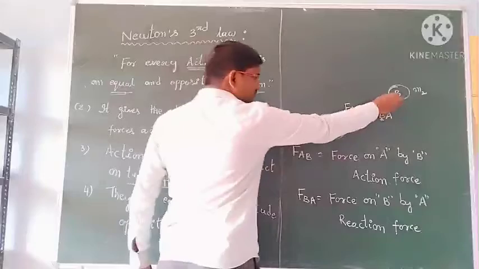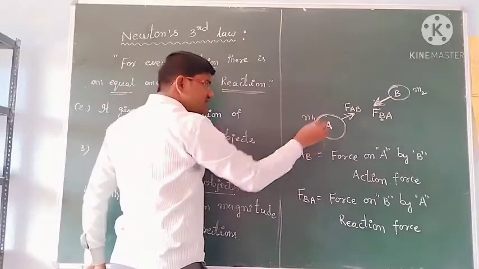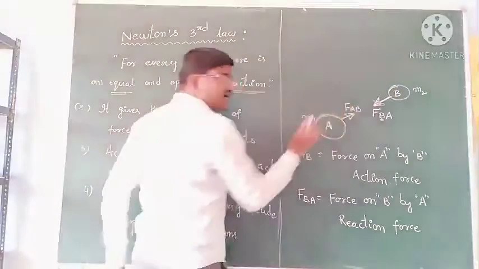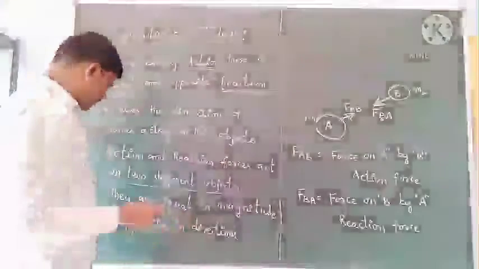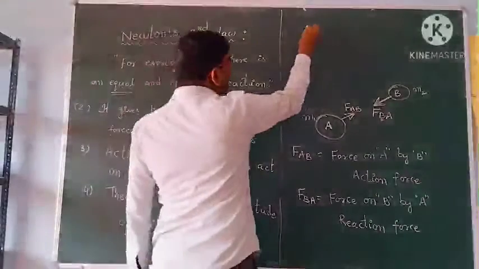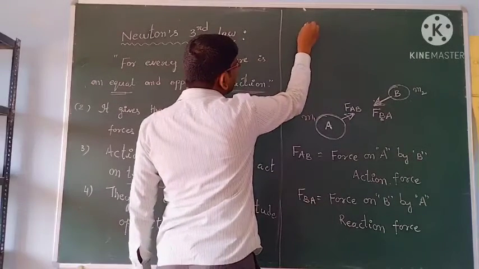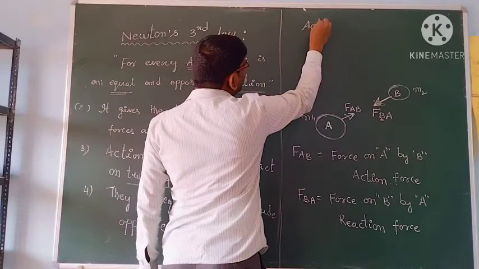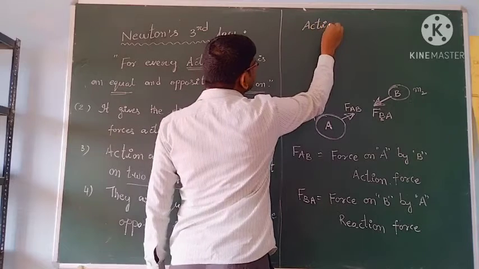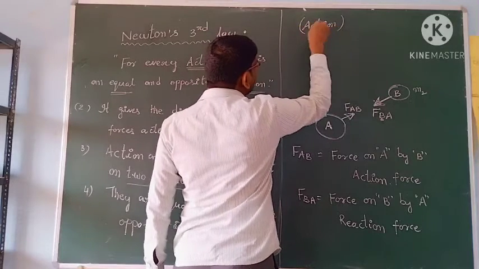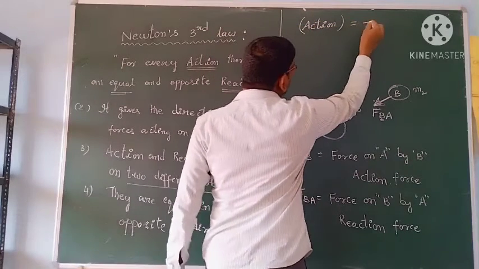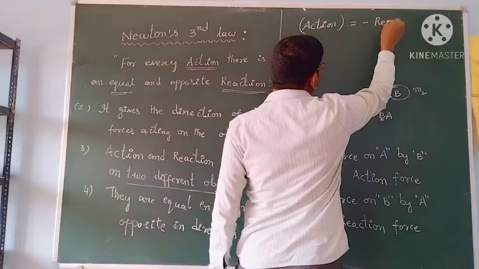But action force is in this direction, reaction force is in that direction. Okay students, so we can write like this. Action force is equal to minus of reaction force.